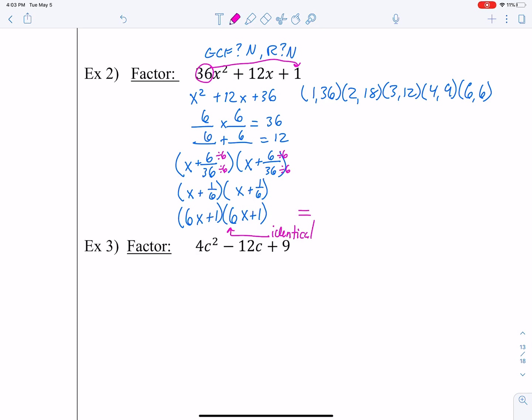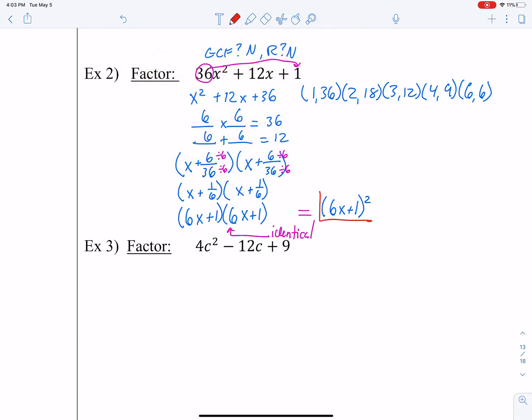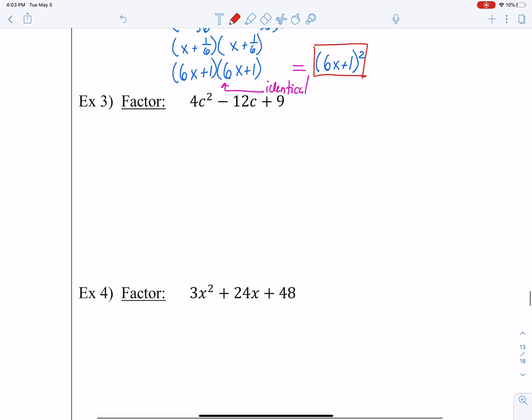So we can rewrite this as 6x plus 1 squared, and that's our final answer. So this is the same as any other form of factoring, except at the very last step, you notice you have two brackets that are identical. So you collapse them to one bracket and you put the squared sign on.